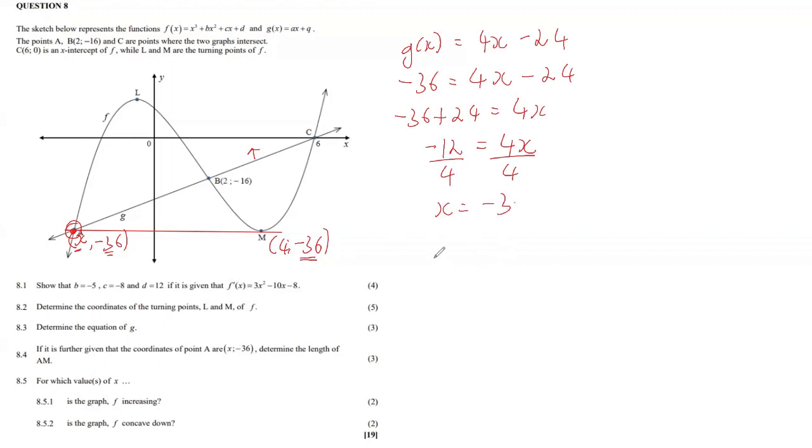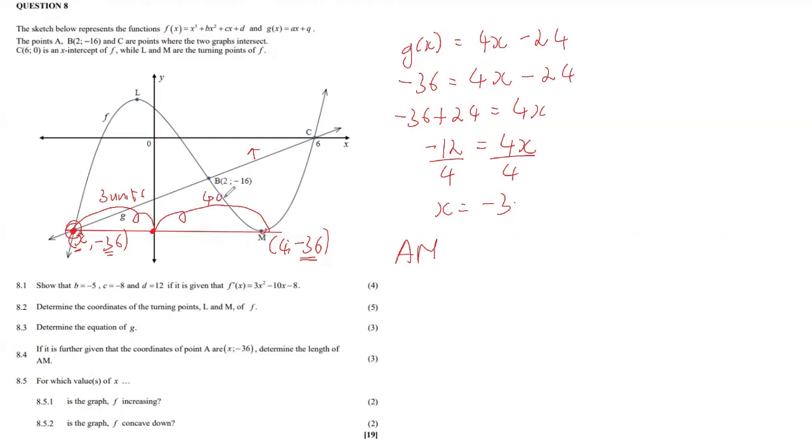Now, what is the length between AM? It takes 3 units to move from here to get to the origin, or the y-axis. So that's 3 units. Starting from this point all the way to point A, that's 3 units to the left. And then starting from the origin all the way to point M, that's 4 units.